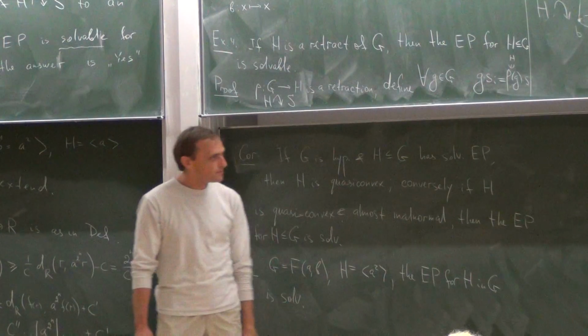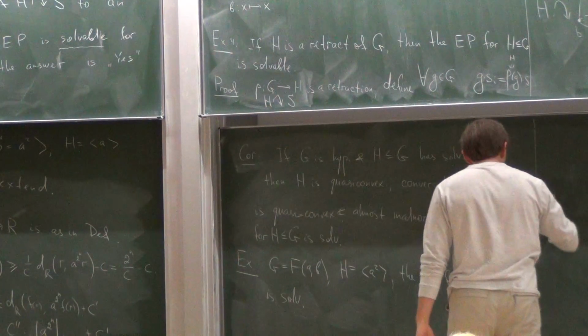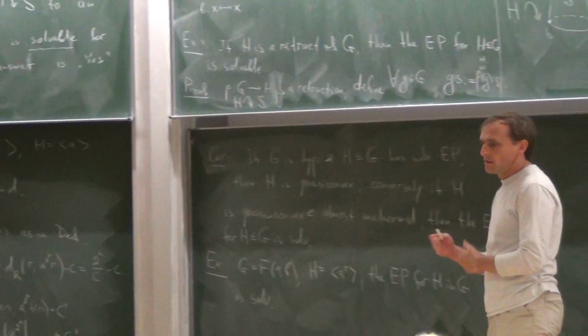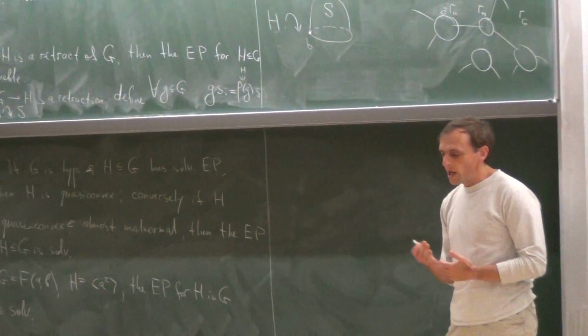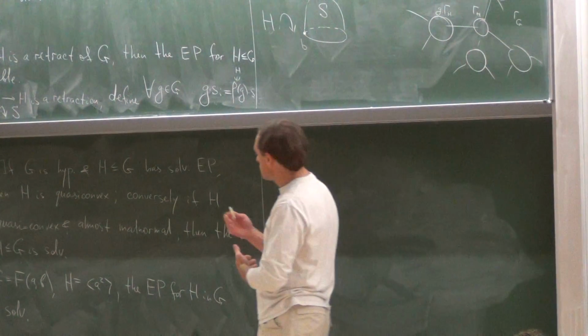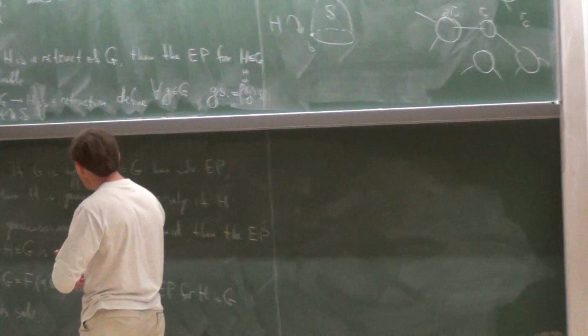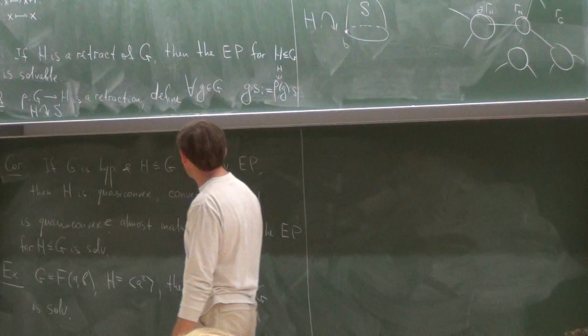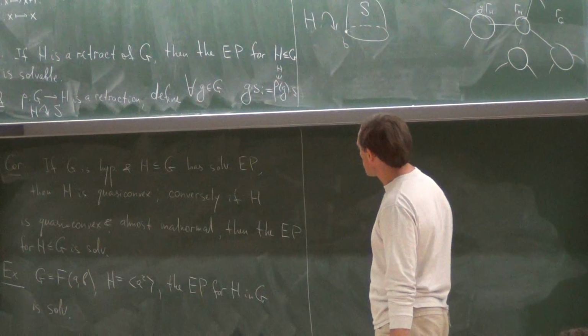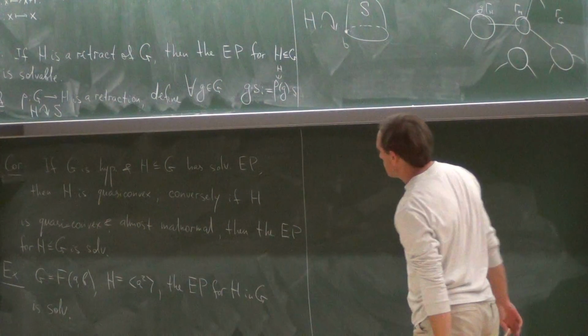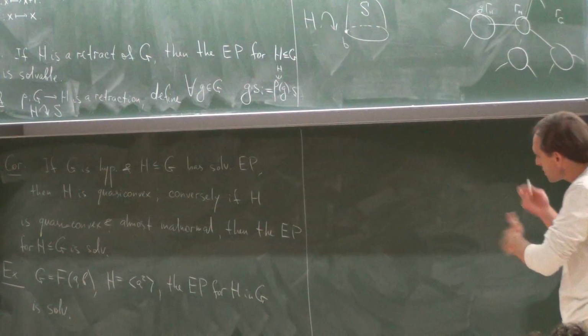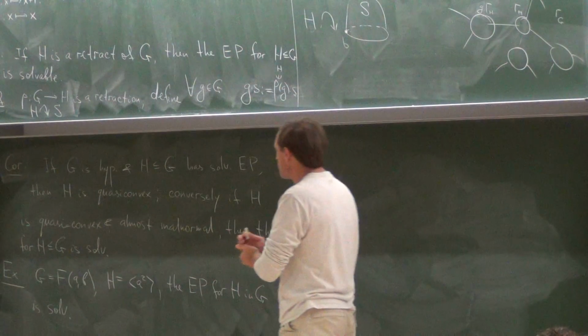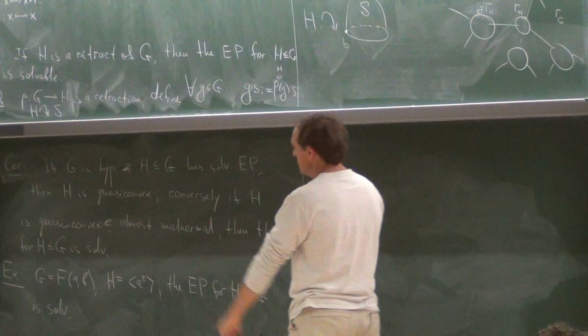It would be nice to have a clear algebraic condition which is necessary and sufficient for a subgroup of a hyperbolic group to have a solvable extension problem, but at this point we don't have it. You can somehow reformulate things, but we don't have a nicely looking condition.